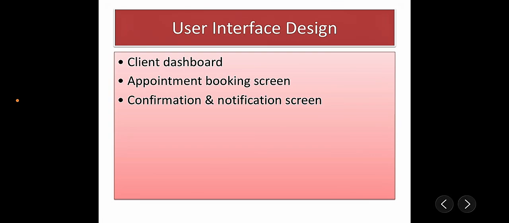The appointment booking screen uses a calendar-based layout to prevent double booking, which will prevent clients from booking their appointments twice or more, and it helps to manage the confusion between the clients and the system. There is also a secure messaging interface for communication and document sharing between clients and staff. Overall, the UI improves usability and reduces manual effort.